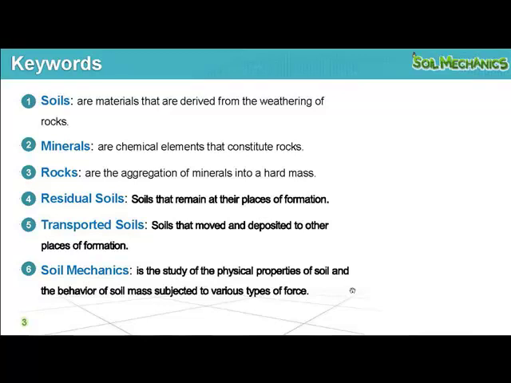Behavior of soil: when we apply a load, how does the soil deform, or how does the soil settle. These are just some keywords that will appear in our first chapter.